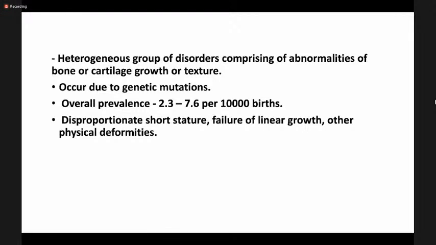Now, any bone may get involved, and this causes disproportionate short stature and physical deformities. Actually, most of the patients with these conditions will tend to have short stature.